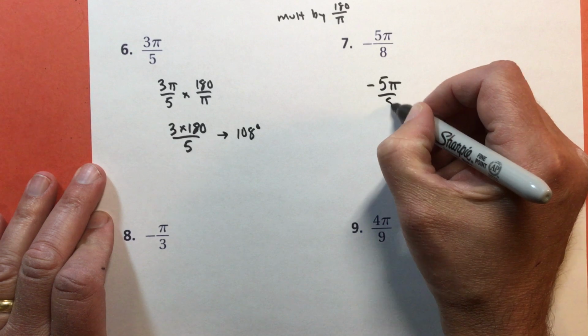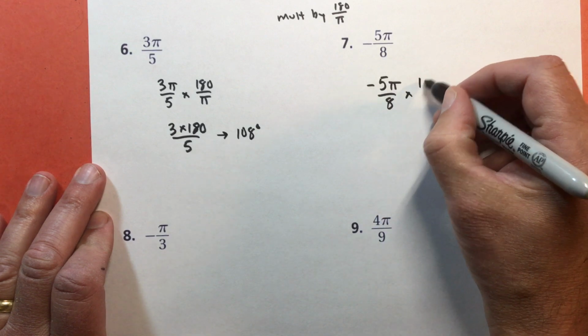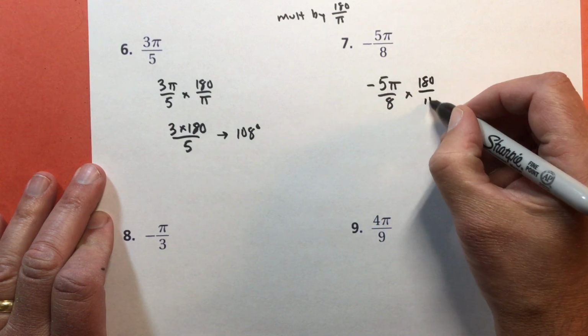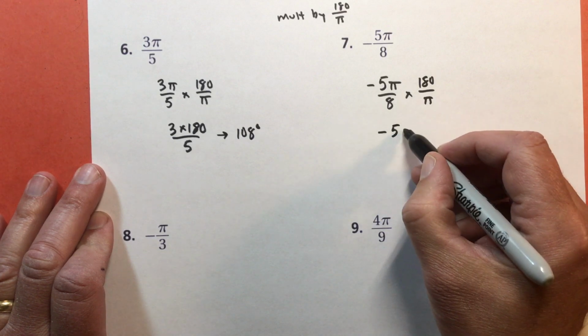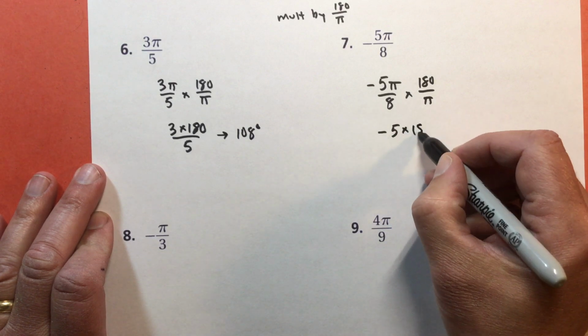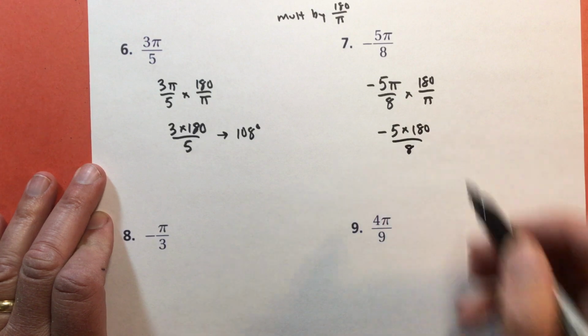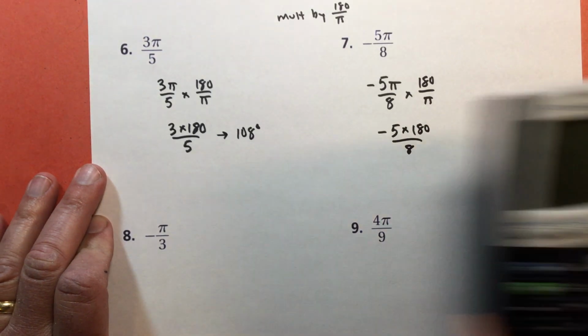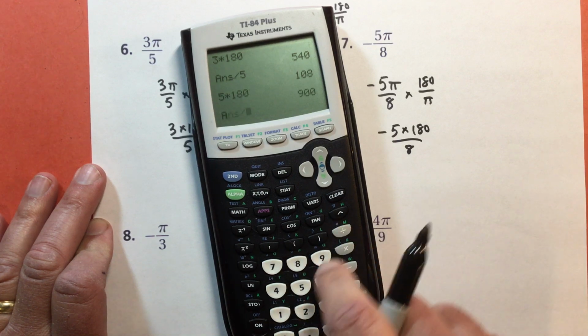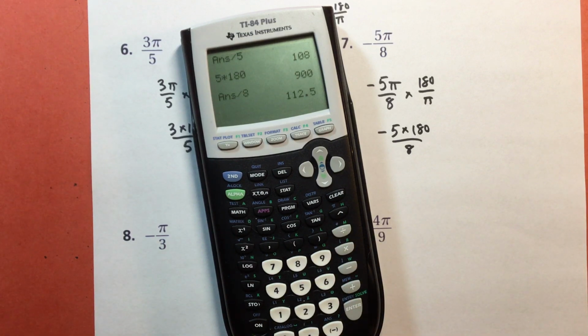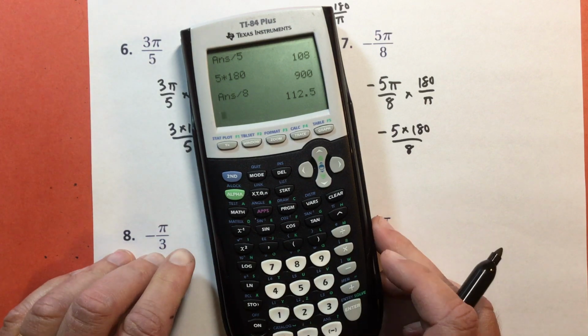Negative 5 pi over 8 times 180 over pi. So again, the pi's are going to reduce, and I get negative 5 times 180 divided by 8. And if I do this one, 5 times 180 divided by 8, this one I actually get a decimal.